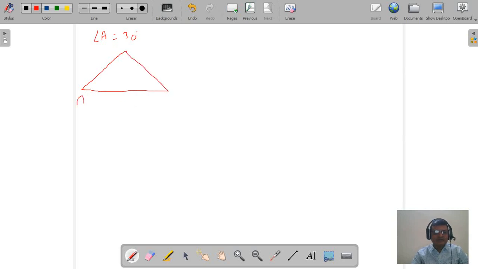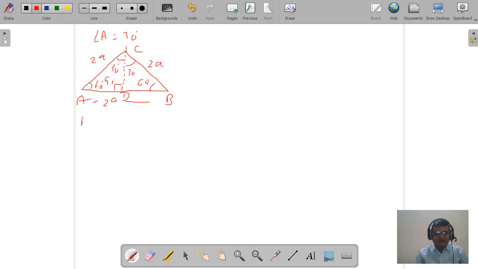Say this is angle A, this is angle B, and this is angle C. Now we are taking this angle as 30 degrees, this is going to be 60 degrees, and this angle is 90 degrees. Here also we are taking 30 degrees and this is 60 degrees. So if it is A, say this side is 2A. Let this be point D.